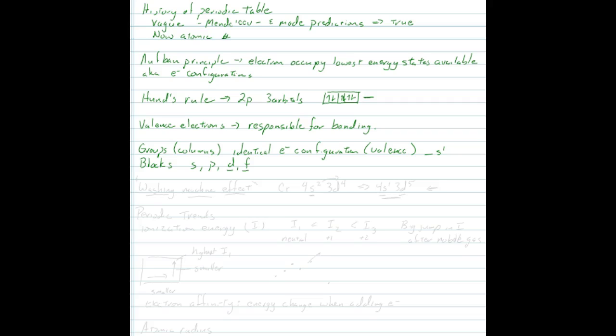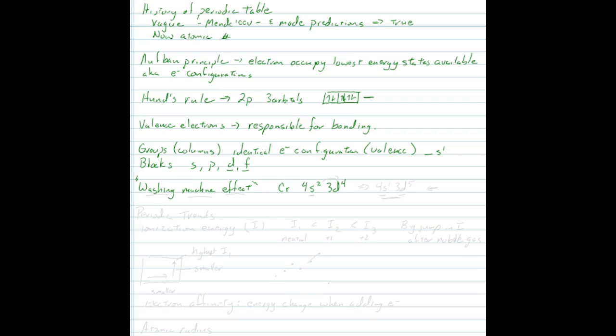There are general exceptions to the rule, to the electron configuration, what I call the washing machine effect. For chromium, you would expect a 4s2 3d4 electron configuration for its valence shell.